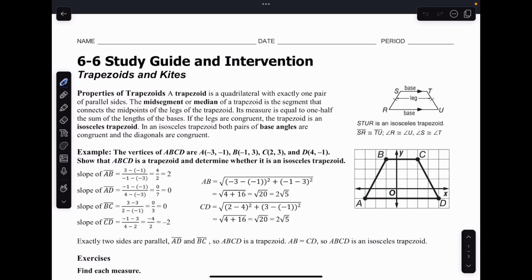Okay, students, this is lesson 6-6, trapezoids and kites. Just before we begin with this lesson, there are a couple of things that I'm going to let you know.